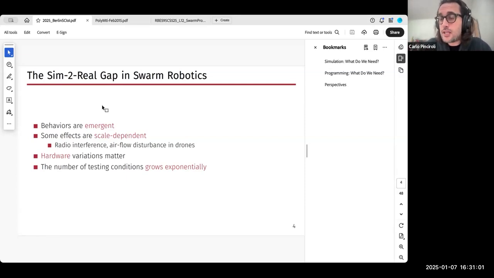And it's something that you need to test for because you can't predict it. So emergent behavior can also be emergent bugs or emergent difficulties. The second thing is that some effects that we have are scale dependent. So if you have a small simulation with like 3 or 4 robots, there might be no interference in radio, and there may be no disturbance in airflow in drones. But when you have a lot of robots, this becomes much more apparent.